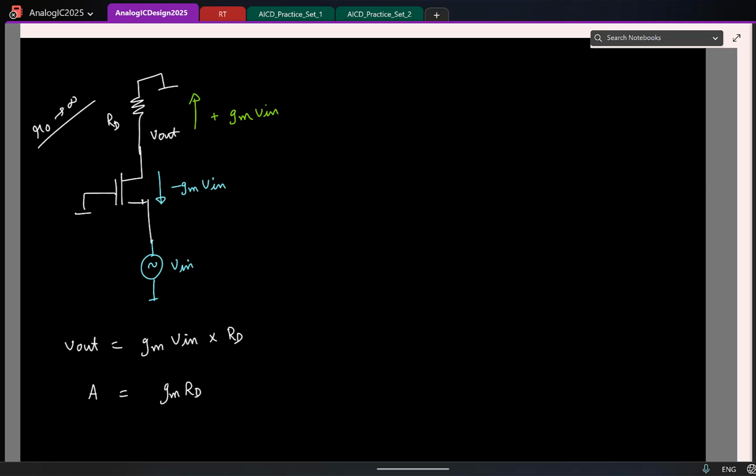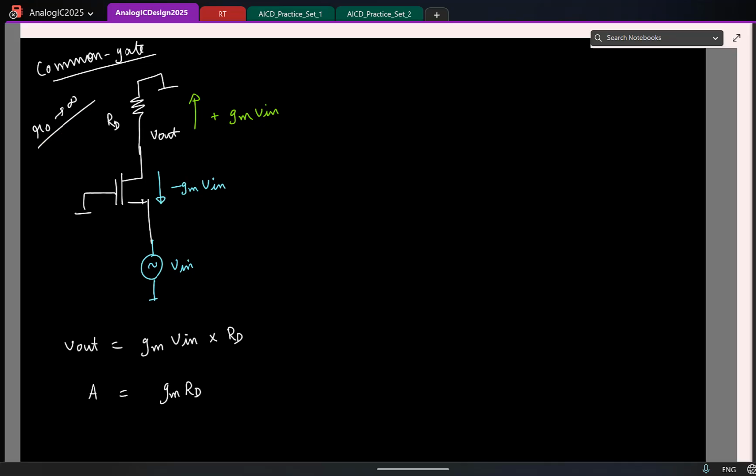Okay, and of course this is called the common gate, because now gate is your reference potential. Now this provides a voltage gain, but one of the issues you might face is, remember I have ignored R0.